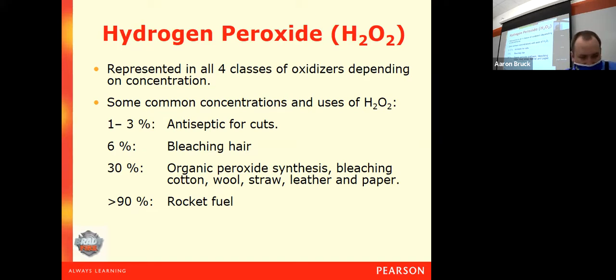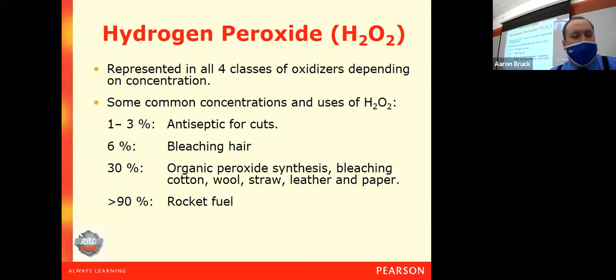So, for example, at the 3% level, this is the antiseptic level. This is the stuff that you can buy, and when you fell off your bike when you were a kid and your mom or your dad took you into the bathroom and put hydrogen peroxide on your skin to clean out the wound and you screamed because it hurt, this is what they used.